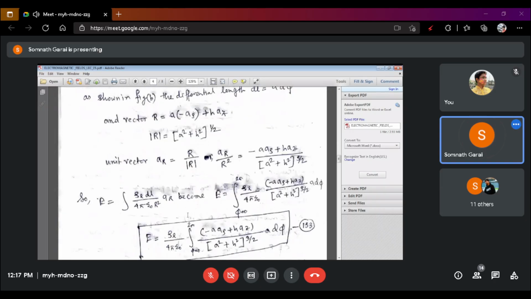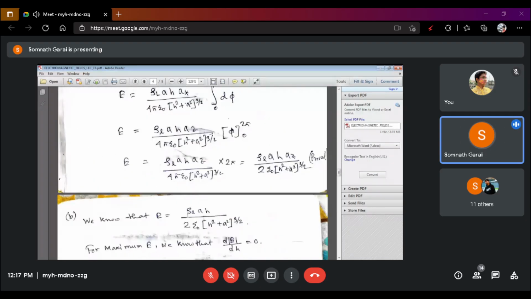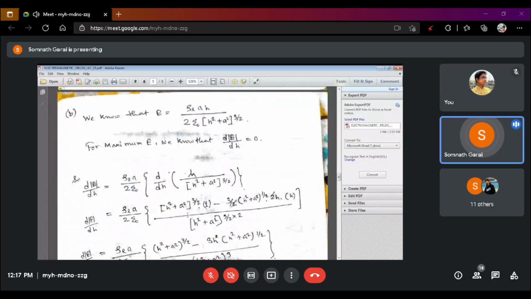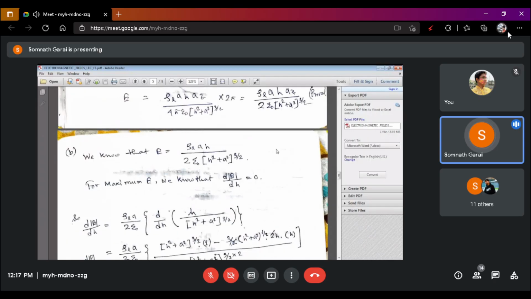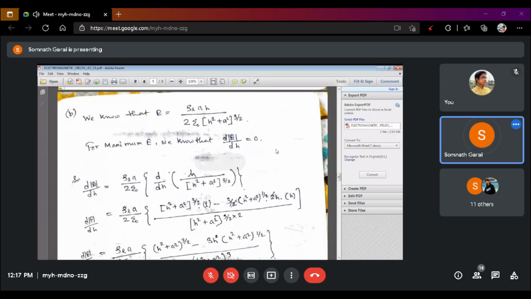Now we know the electric field intensity at the point that we just calculated: E equals rho L a h divided by 2 epsilon naught times a square plus h square to the power 3/2.